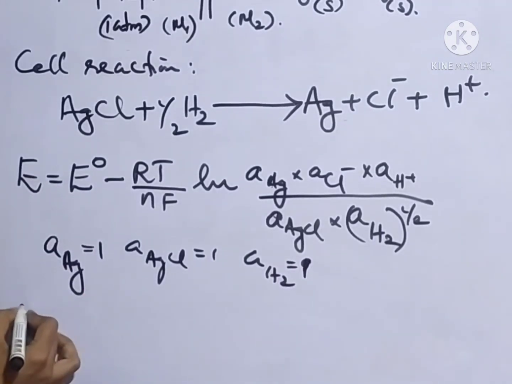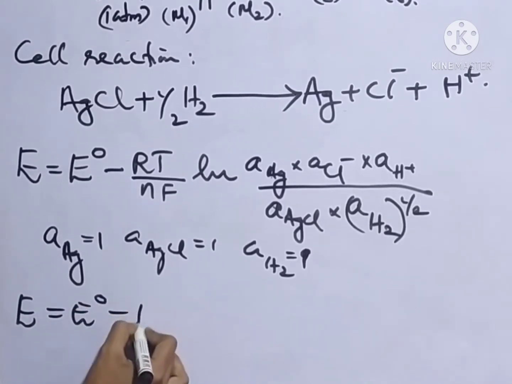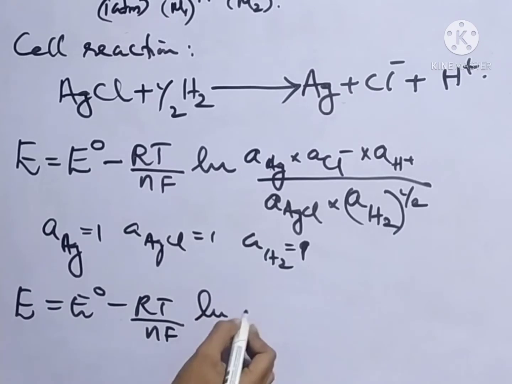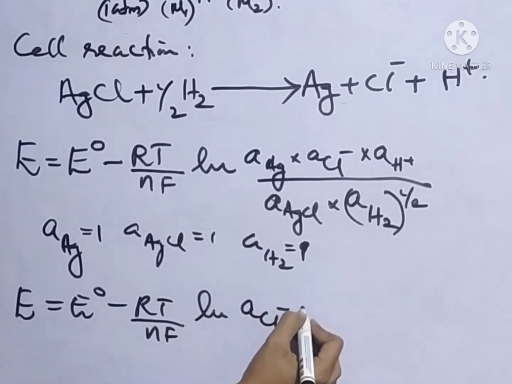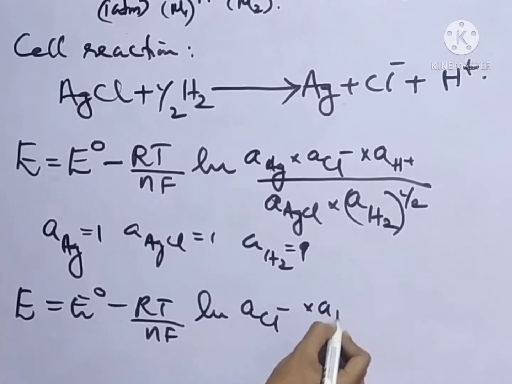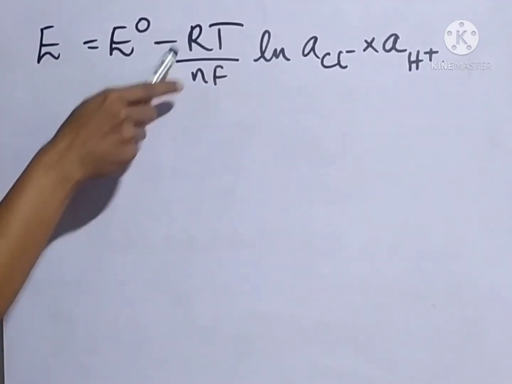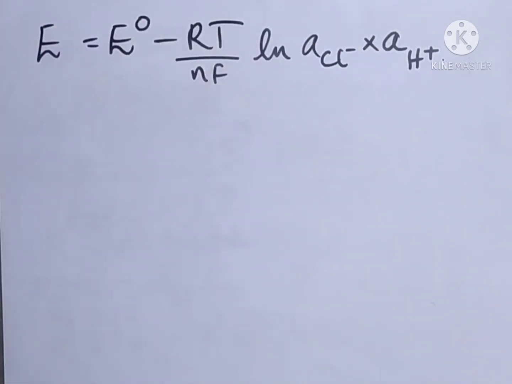So we can write this as E equal to E0 minus RT by NF ln ACl minus into AH plus.